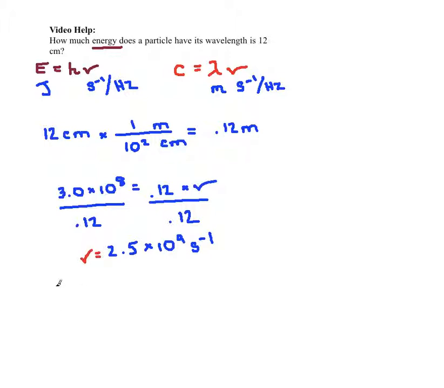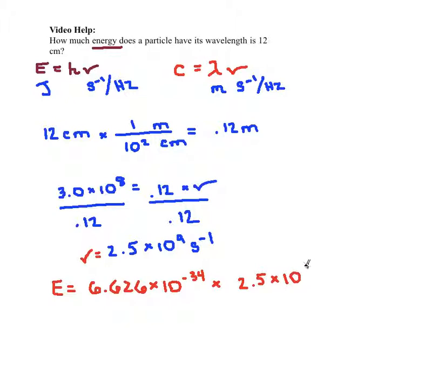So now what you have to do is plug this into your energy formula. So energy equals Planck's constant, and Planck's constant is 6.626 times 10 to the -34th, and I will give that to you on any test or quiz, multiplied by the frequency that I got, which is 2.5 times 10 to the 9th.